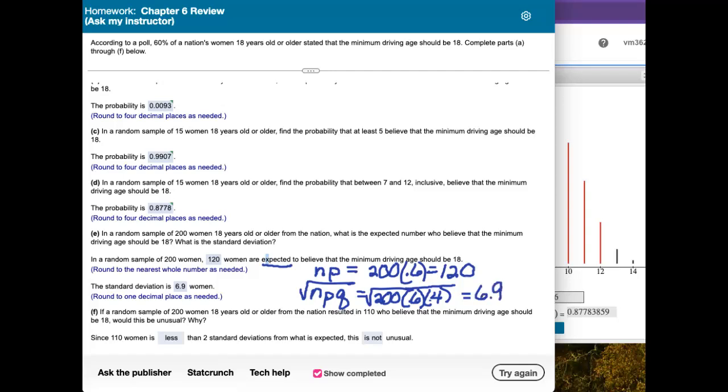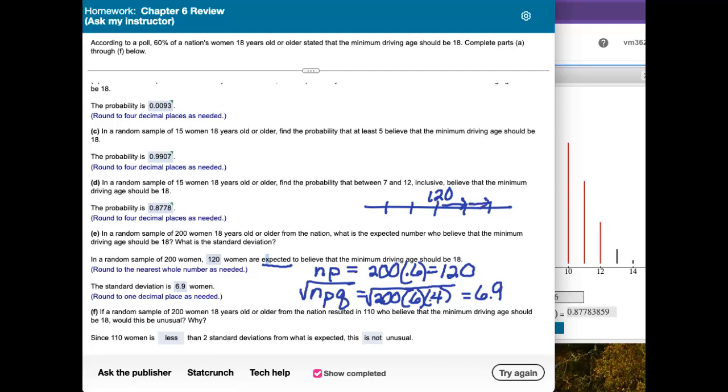Now, a value would be unusual if it's more than 2 standard deviations from the mean. So, when I think about this, considering the mean as being 120, and then if I move 2 standard deviations from that in either direction, so I'm adding this 6.9, that's this length right here, plus another 6.9.